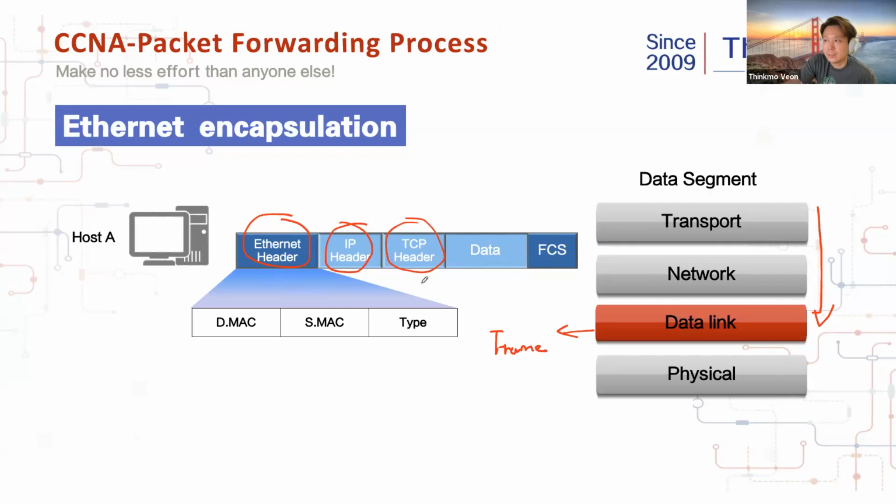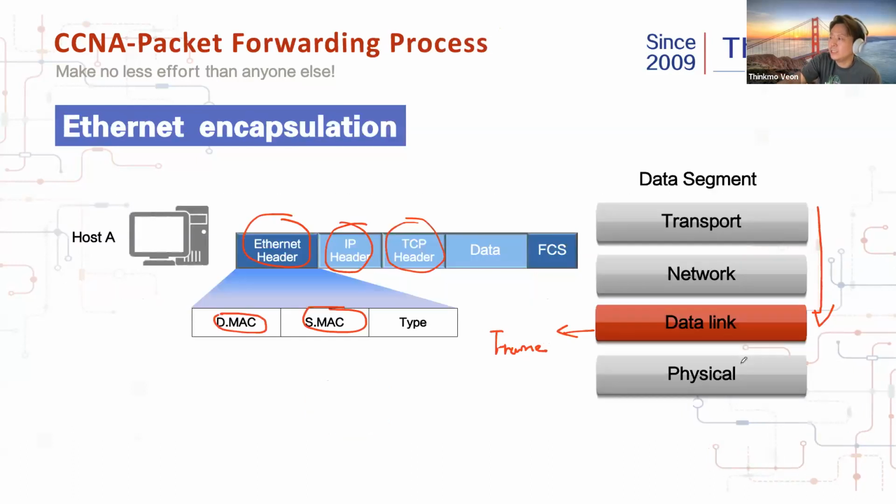Okay. Why does host A need to put the destination MAC address and source MAC address into this header? This is used to tell the next hop, the receiver, where the packet is going to be sent. I will discuss this in a later part.